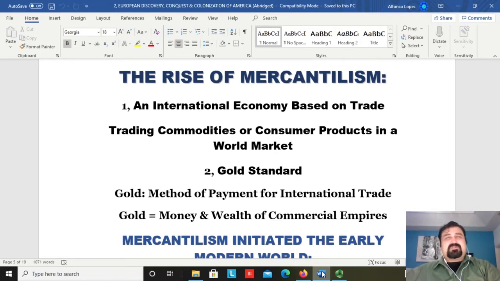Well, mercantilism was an international economy based on trade, that is to say, the trading of cargo and merchandise. Merchandise had become very valuable. So in order to create wealth, people simply traded merchandise with each other that merchants could sell in their own region.